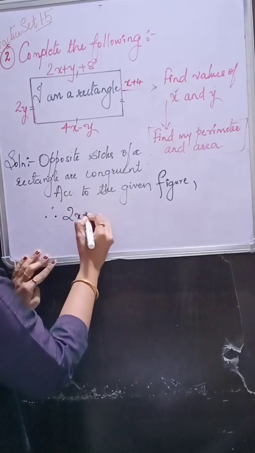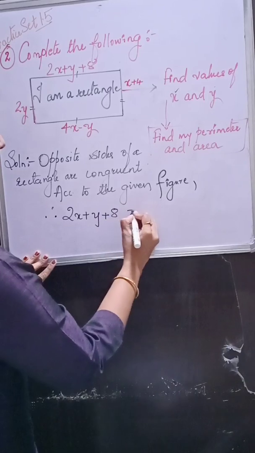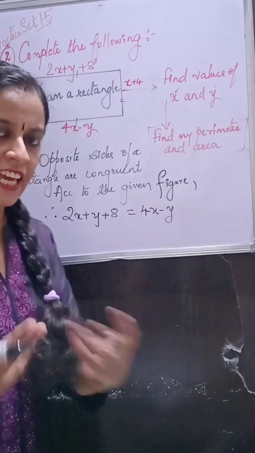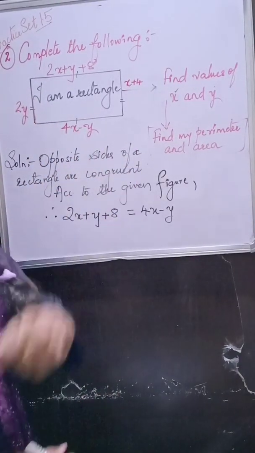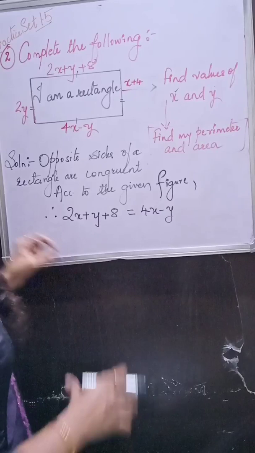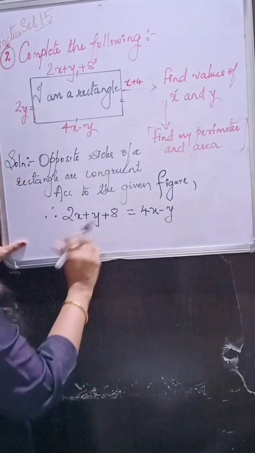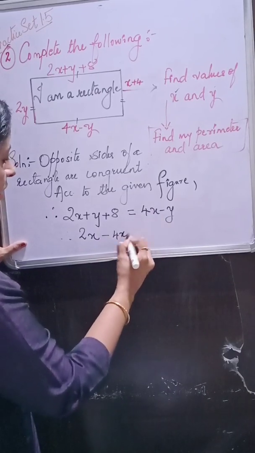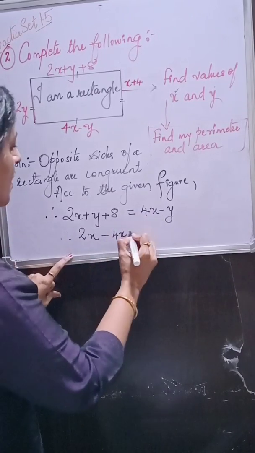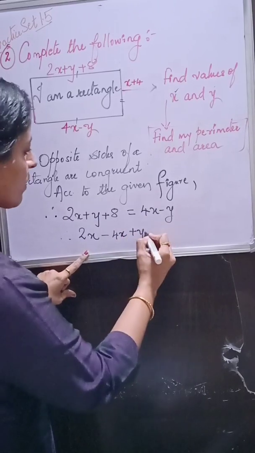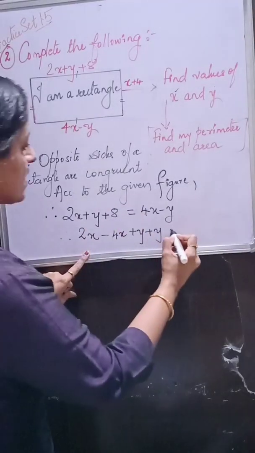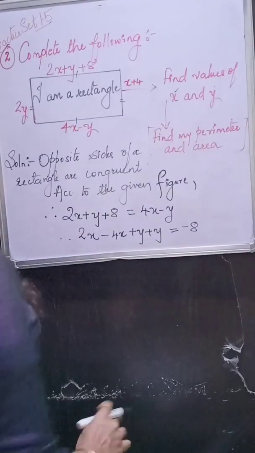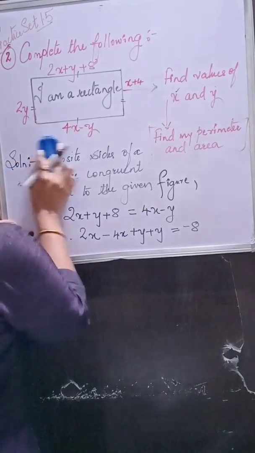Therefore, 2x plus y plus 8 is equal to 4x minus y. Need not write the reason again and again because first itself we have mentioned opposite sides of a rectangle are congruent. Now bring the like terms together. So therefore 2x minus 4x, plus y, and minus y comes here, plus y, is equal to, plus 8 goes to the other side, minus 8.